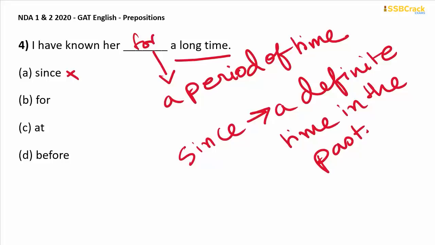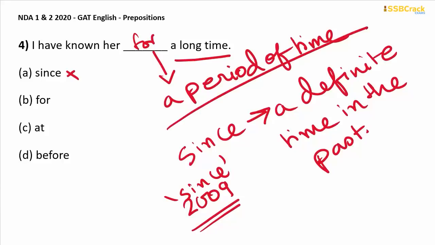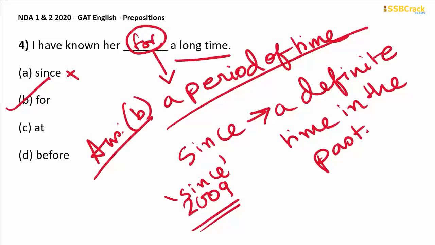So 2009 here is a particular year in the past. So 2009 is a definite year. So for these kinds of definite time in the past, you need to use since. But for a long period of time, or for a period of time, you need to use the preposition for. So therefore, option B is your answer. Okay, I've known her for a long time. Let's move on to the next question.